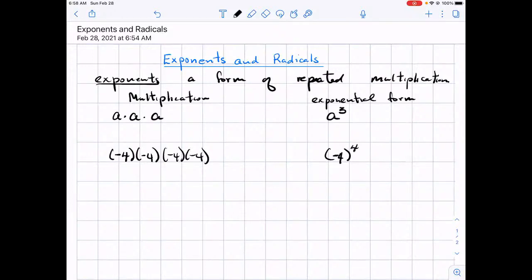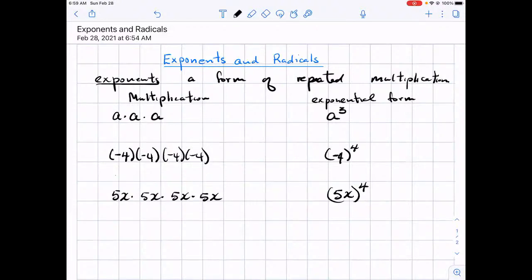So it's to the 4th. Similarly, if I have 5x times 5x times 5x times 5x, the base here is 5x, and 5x is multiplied 1, 2, 3, 4 times.